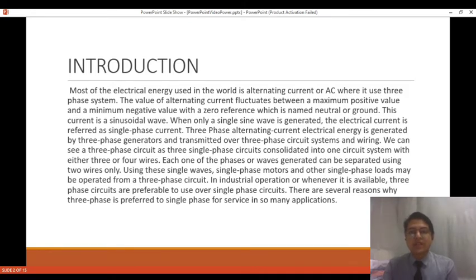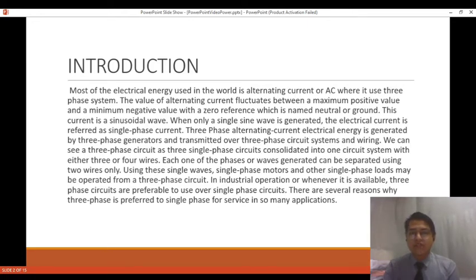Three-phase alternating current electrical energy is generated by three-phase generators and transmitted over three-phase circuit systems and wiring. We can see a three-phase circuit as three single-phase circuits consolidated into one circuit system with either three or four wires.